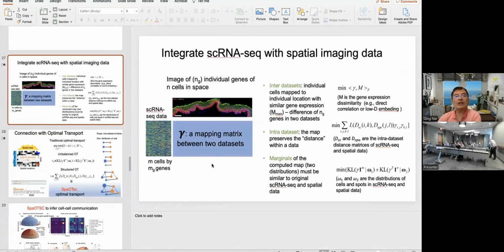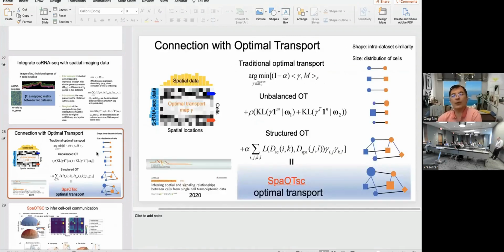No, the key is this data set is a distribution, and this data set is a distribution, and then we connect the two distributions. Now you can add in more and more concepts. That's why the optimal transport we use is getting more and more complicated. You can keep adding prior knowledge into it, and the physical constraints as possible.